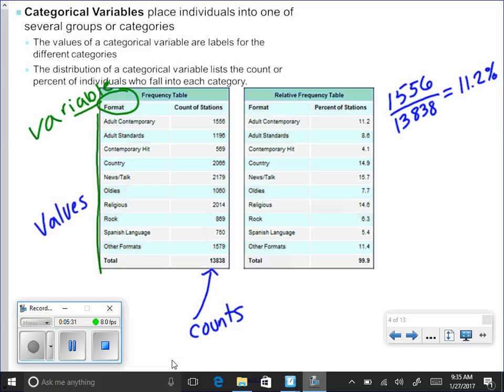So a relative frequency gives us the percents instead of just the counts. Make sure you know the difference when you're looking at a table. Is it giving you the counts, or is it the percentages? Do you need to calculate the percentages? It's always good to know what information is given and what information you need.